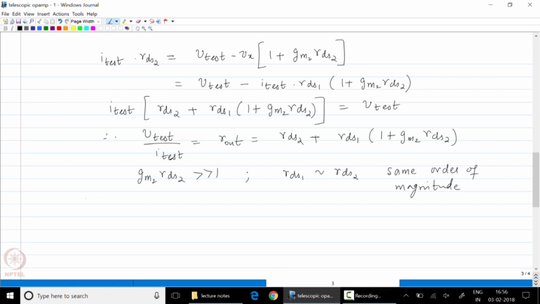In such a case, the output resistance is approximately equal to GM2 RDS2 times RDS1. In other words, we have neglected this term first, and we have also said that this term is much larger than this term. Now, this is a circuit where the output resistance has been increased using a circuit technique alone.